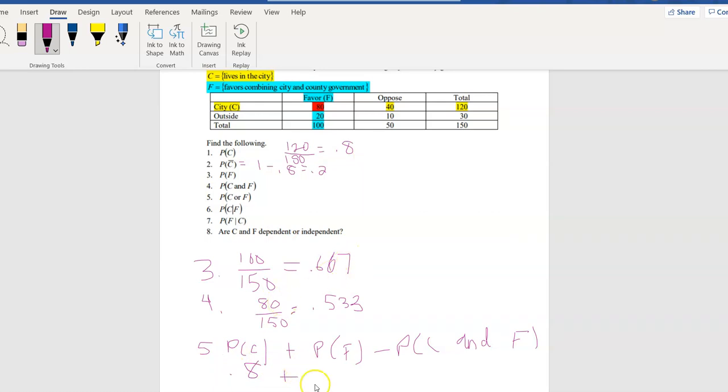Probability of F was 0.667, and the probability of both C and F was 0.533. And let's do that computation. And we get 0.934.